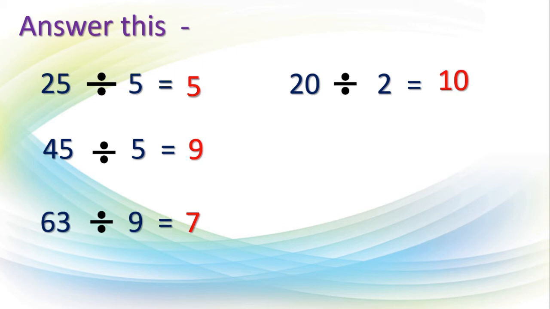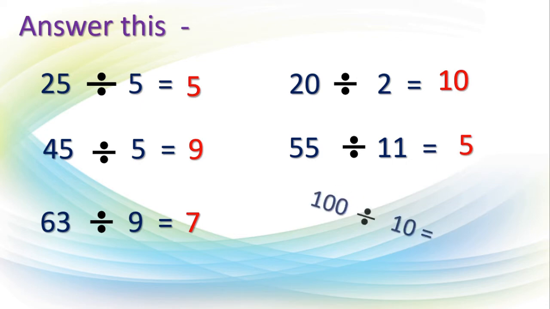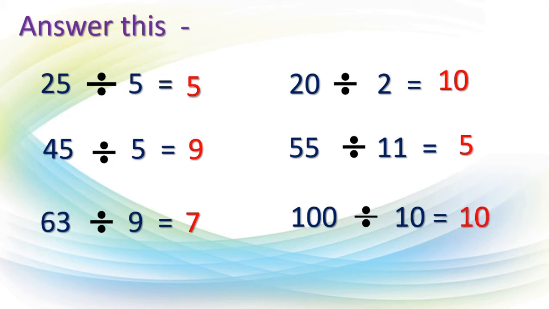Because 2 10s are 20, right? 55 divided by 11. You are right. 11 5s are 55. 100 divided by 10. Yes, very good. 10 10s are 100. Yes, dear children, we will move further.